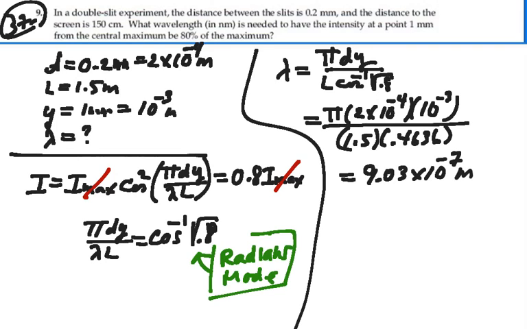If I wrote that as nanometers, that would be 903 nanometers. So that is the wavelength of the light that will correspond to having a central maximum of 80% intensity at this point of 1 millimeter up on the screen. Wavelength is 903 nanometers.